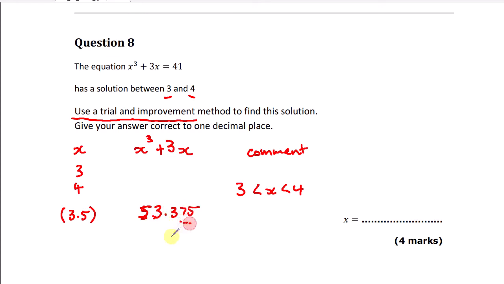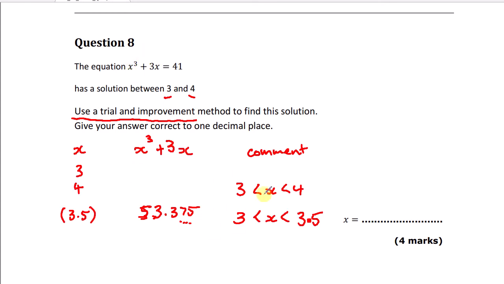These extra numbers aren't really necessary because all we're trying to do is see if it's too big or too small. This means this is too big, so we want 3.5 on the top side. Now, one little point: if this highest power is negative, it's probably going the wrong way at that point and you need to look at it.